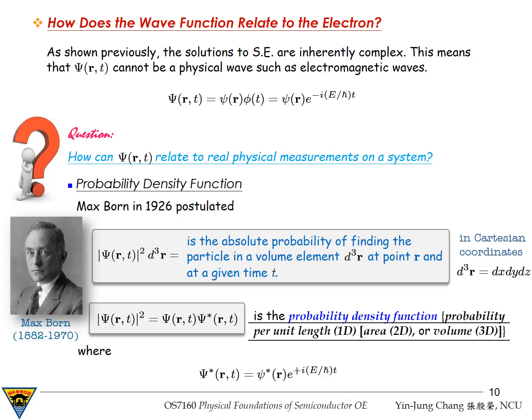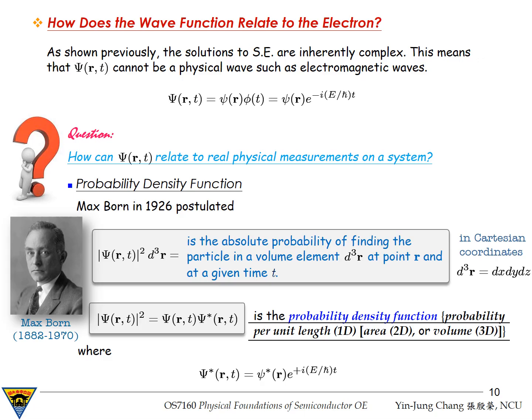Now, if the wave function is expressed as the product of a purely spatial function and a time-dependent phase factor, as shown here, then its complex conjugate is simply given by this expression. Also, in Cartesian coordinates, the volume element, or the differential volume, is simply given by dx, dy, dz.